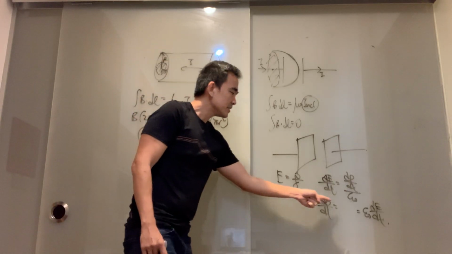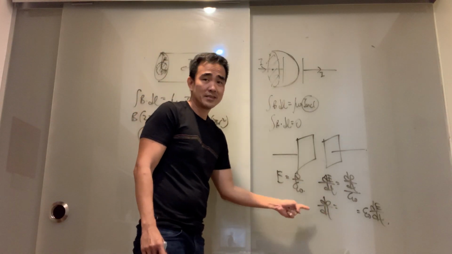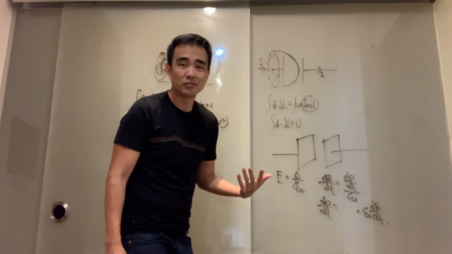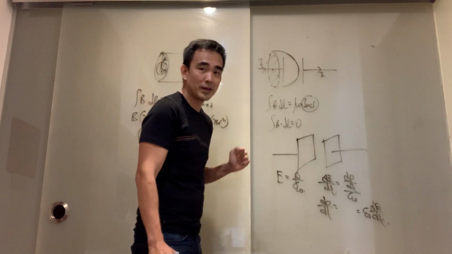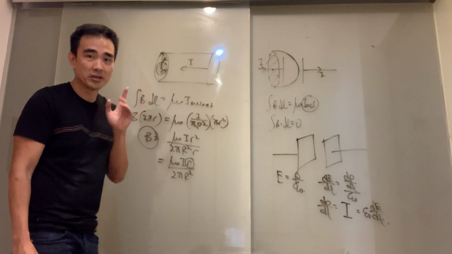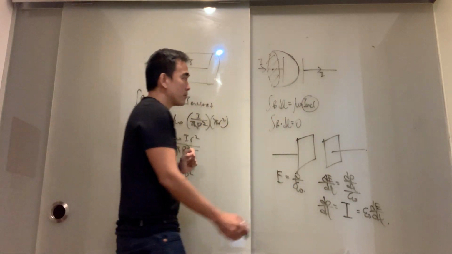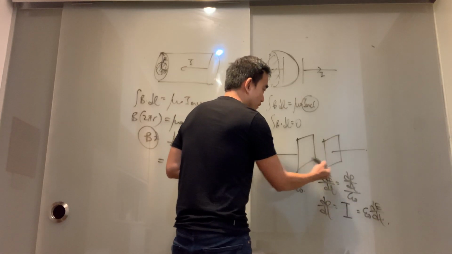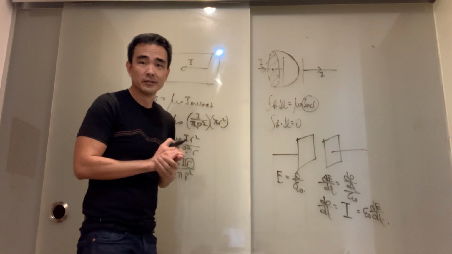Now can you see that this is the rate of change of charge density, which is actually the rate of change of charge stored on the plate, which isn't it current? This is very spooky. If you talk about a change in electric field, it is equivalent to a current.